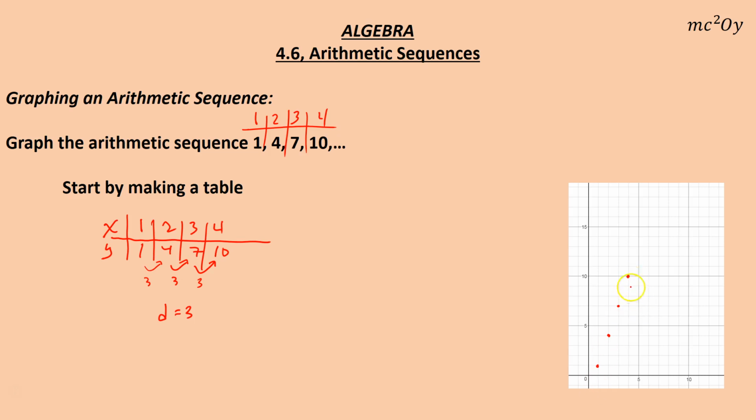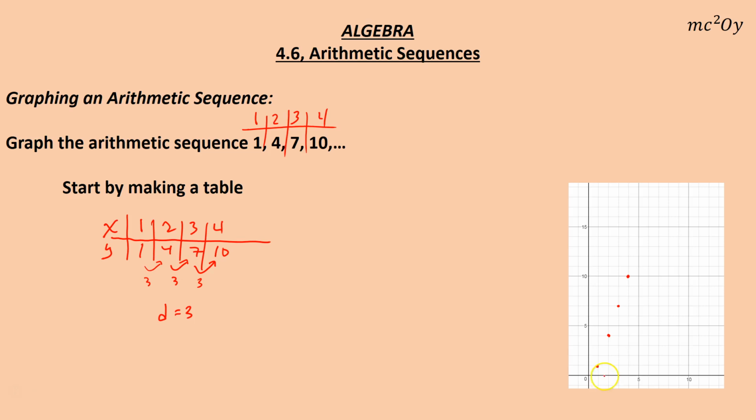You'll notice that when I look at it, it looks like I can connect these and draw a line. However, this is called discrete data. I'm not told that there's actual numbers that can be applied in between here. I don't know what 1.5 is, or if 1.5 exists. And in fact, when I'm dealing with a sequence, 1.5 does not exist.